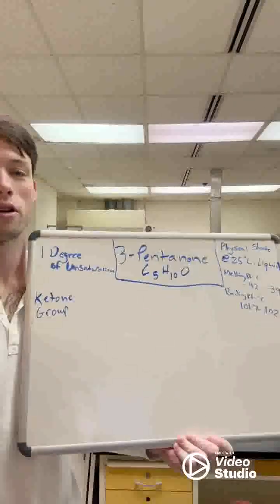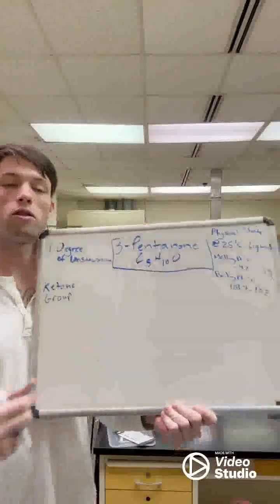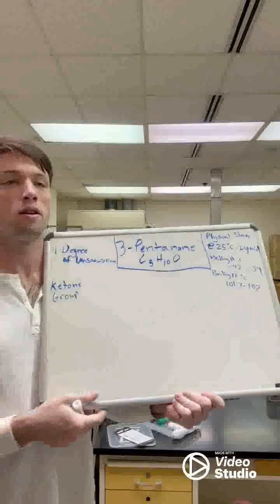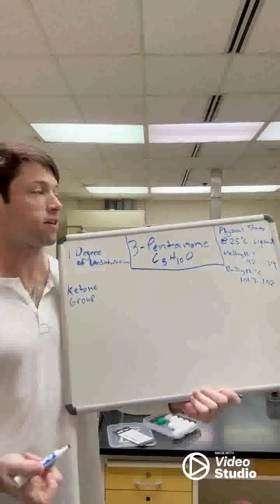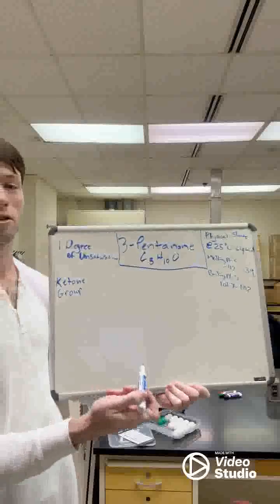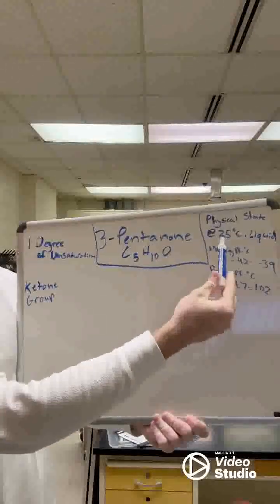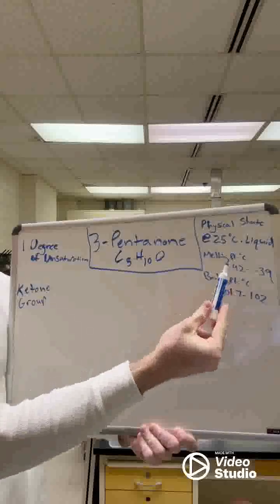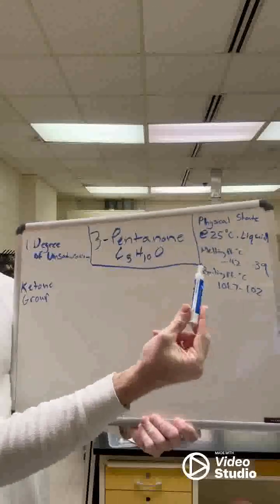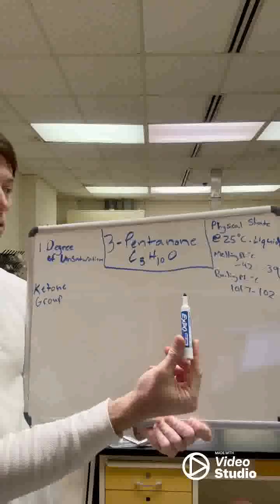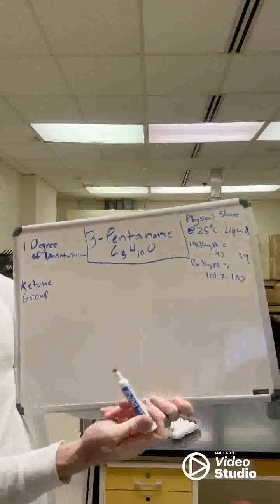Alright, so today we're going to talk about a molecule called 3-pentanone. A few little facts about 3-pentanone are posted here on the side. It is a liquid at standard temperatures and conditions. Its melting point range is from -42 to -39 degrees Celsius.